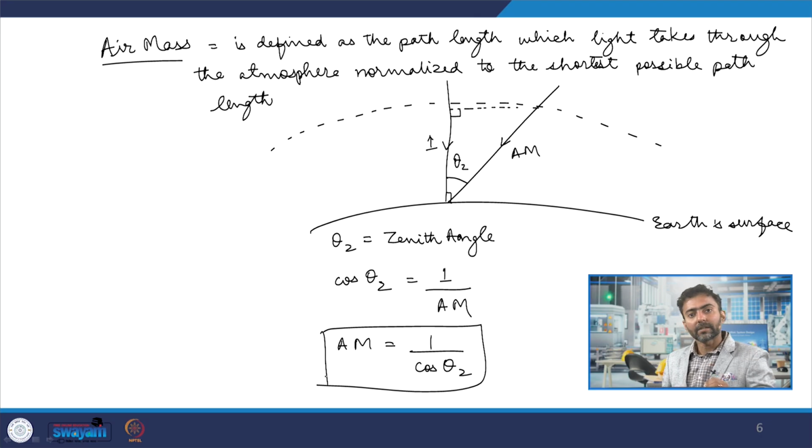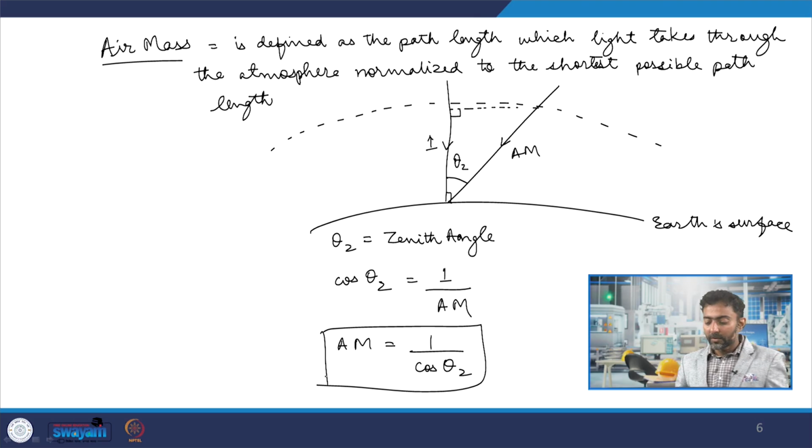At any given instant, for an observer on earth, whatever is the location of the sun, so if you join a hypothetical line from the sun's center to this observer, or basically the beam radiation which is coming from the sun to that location, the angle made by the beam radiation to the vertical, that is the zenith angle, and air mass is nothing but 1 by cos of theta z.